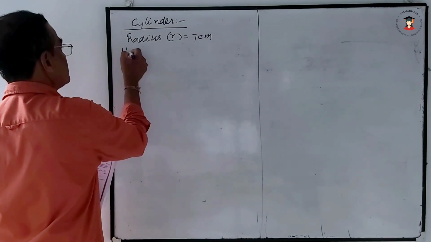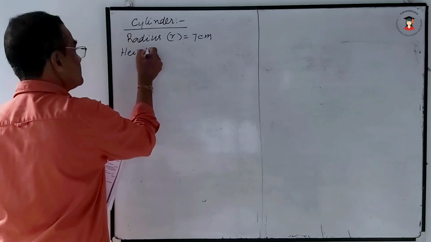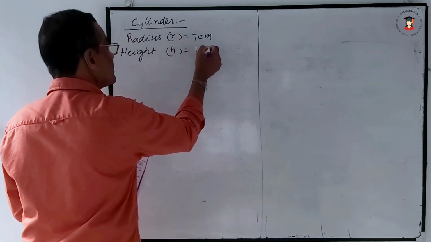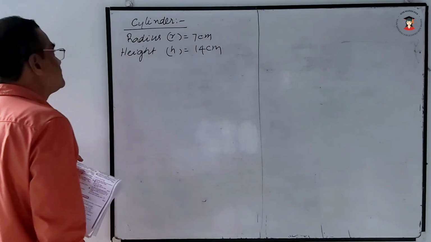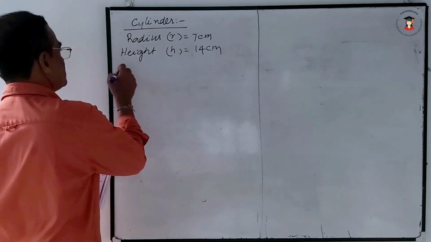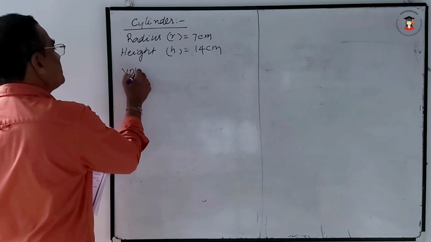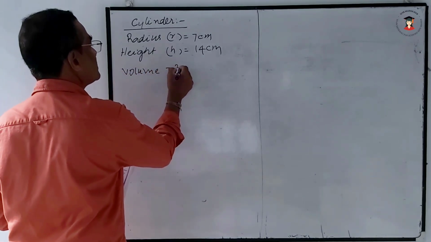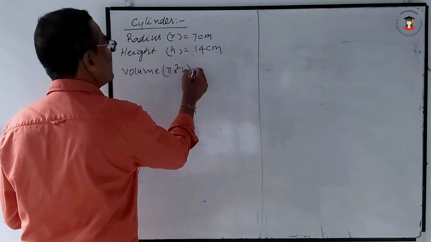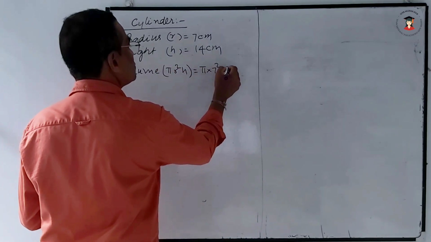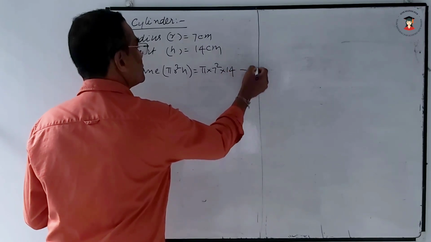Height H is equal to 14 centimeter. This is melted. Volume is pi r square h, equal to pi into 7 square into 14. This is equation number 1.